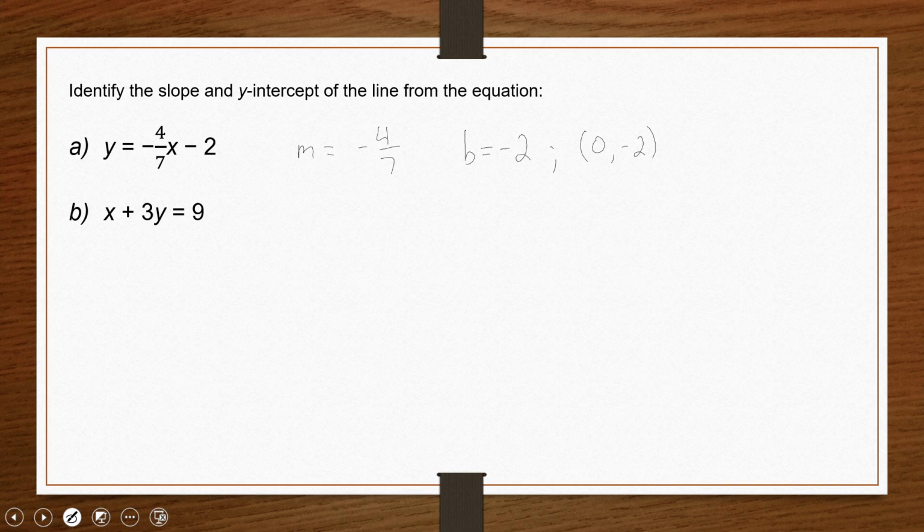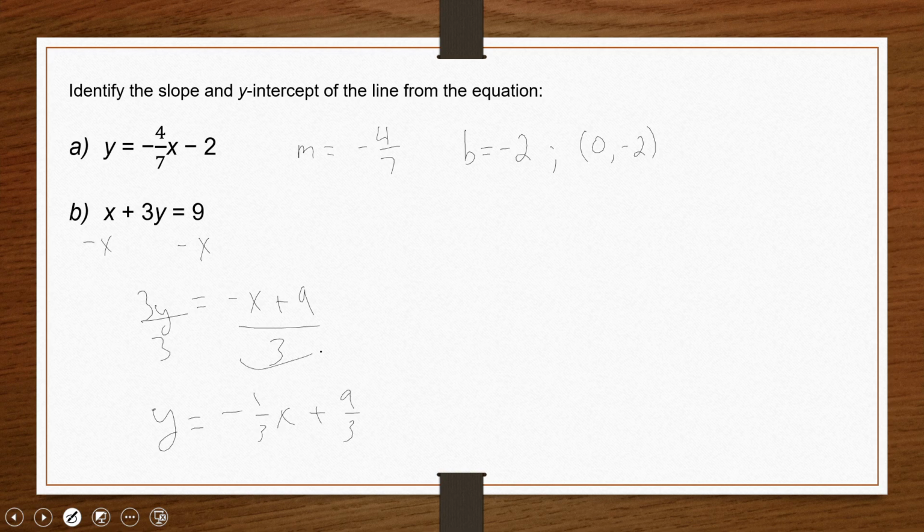For part B, it's actually not very clear what the slope and intercept are. In some cases, it may be more efficient to rearrange this equation such that it looks like the part A form, the slope-intercept type. So I could, for instance, subtract x from both sides. I come now to 3y is equal to -x plus 9. And division by 3 on both sides simplifies my equation now to y equals -1/3 x plus 9/3.